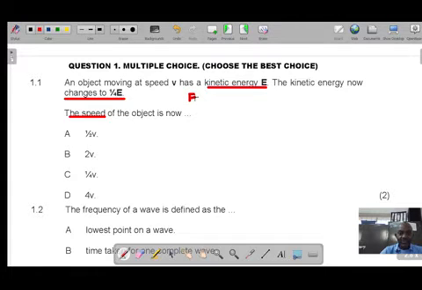Now they're saying that after this time, the energy changes to a quarter E.